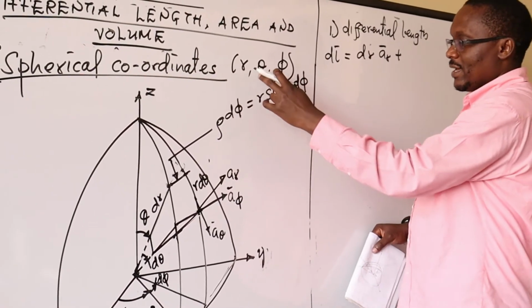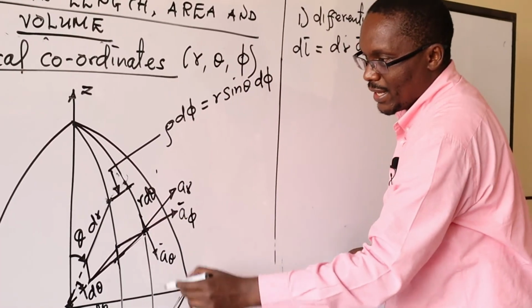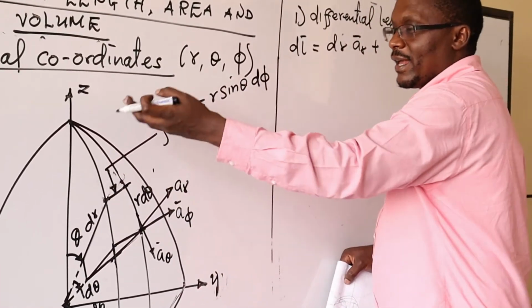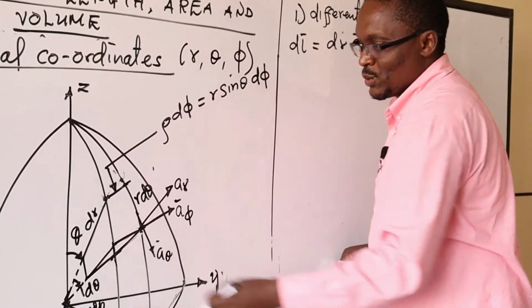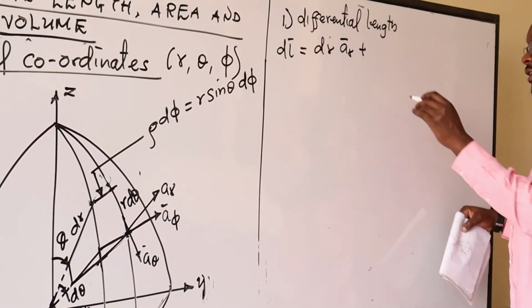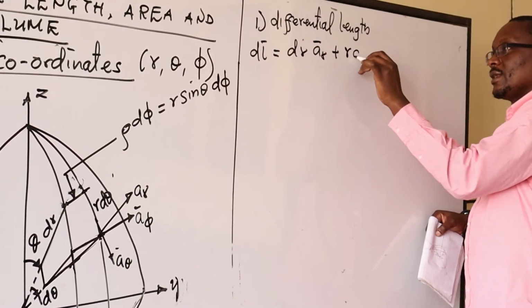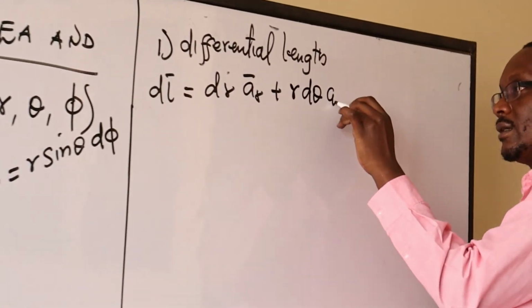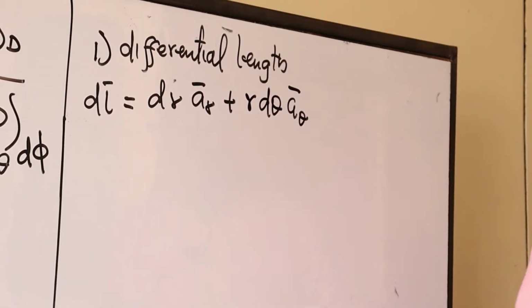Now next is in the a theta direction. The a theta direction is tangential to the sphere, so that particular length is r d theta in the a theta direction.